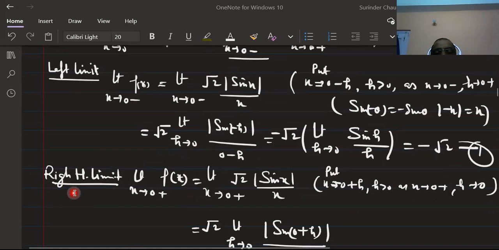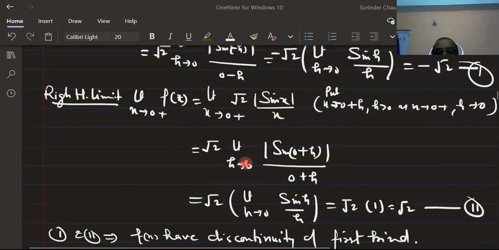Again, for the right hand limit, x goes to 0 from the positive side, and f(x) is limit as x goes to 0 positive of root 2 modulus of sine x upon x. Again, substitution here, put x equal to 0 plus x as x goes to 0 from the positive side.